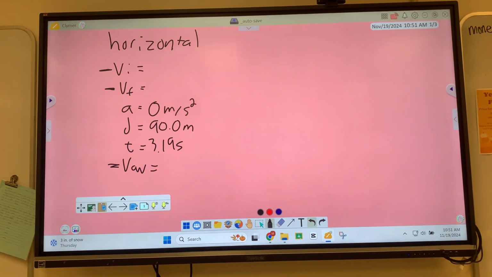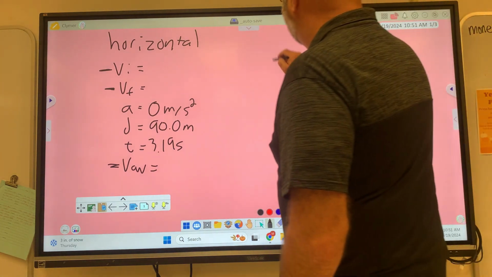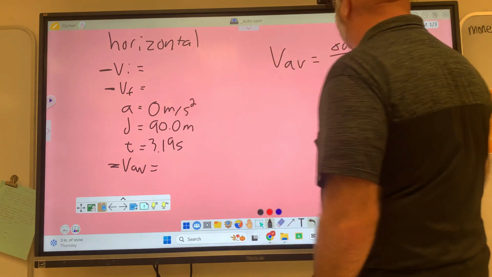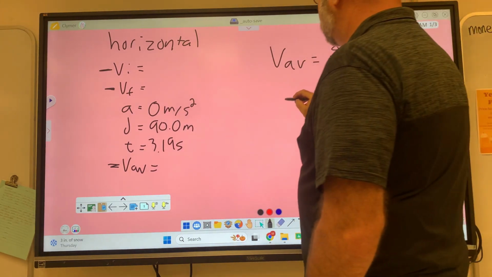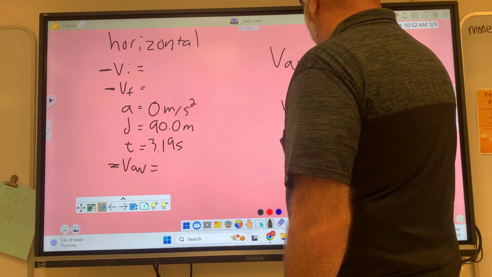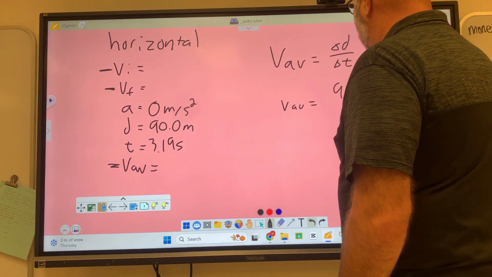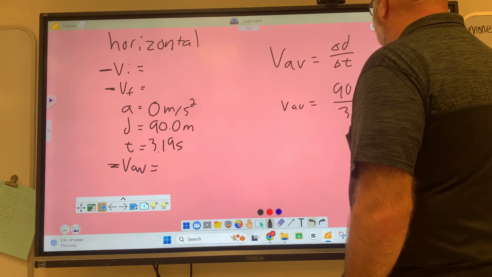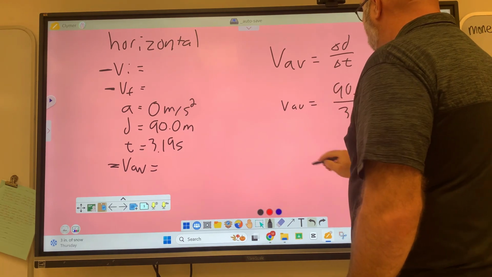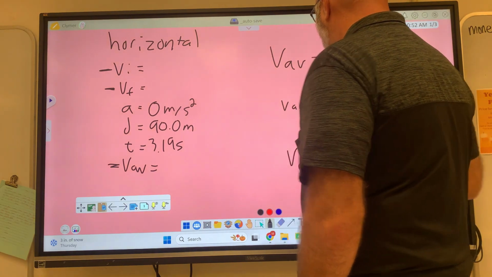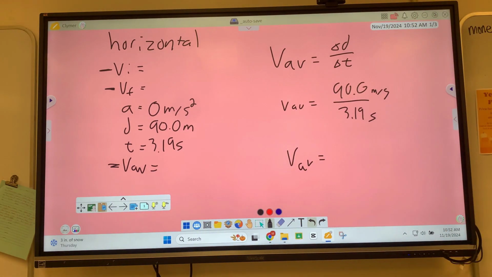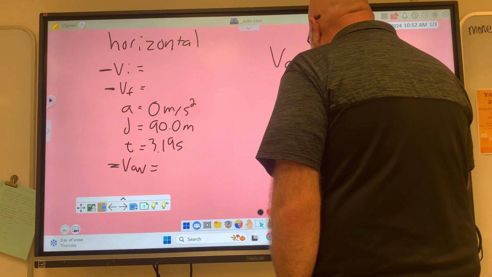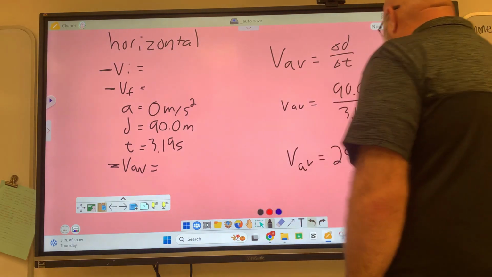The first equation we ever learned: average velocity equals change in distance over change in time. Now we just plug this in. Well, V_av, our distance was 90. Our time was 3.19 seconds. So how do you do the math? 28.2 meters per second.